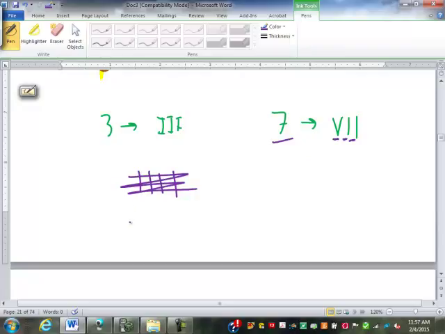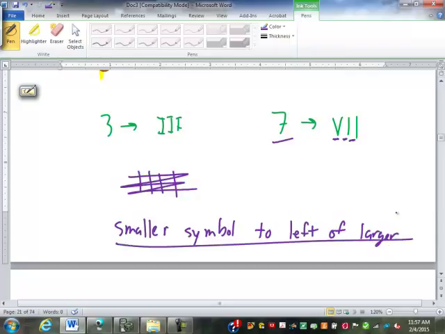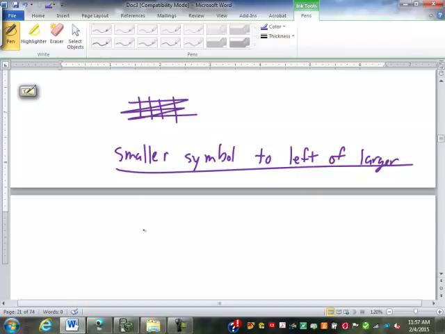If there was a smaller symbol to the left of a larger one, we're doing subtraction. For example, IX. The I stands for 1 and the X stands for 10.